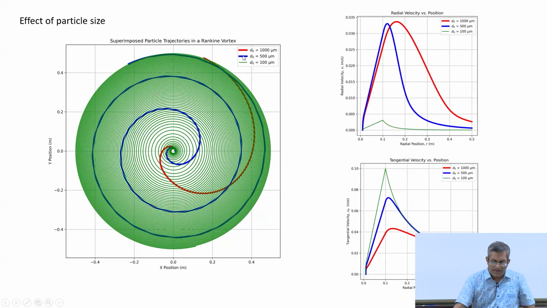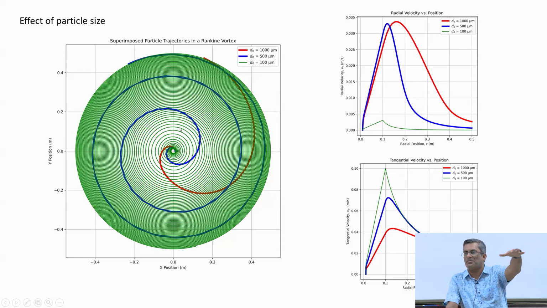On the other hand, if we have a 500 micron particle, up to some extent we see the departure, but after some time you see that again it is kind of following the fluid streamlines. So this means that somewhere here it has a higher Stokes number, and as it has moved out, its Stokes number has reduced. So this is a very nice example.